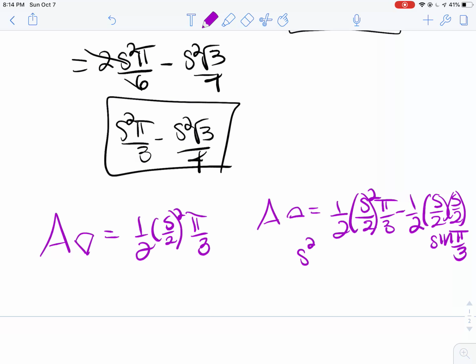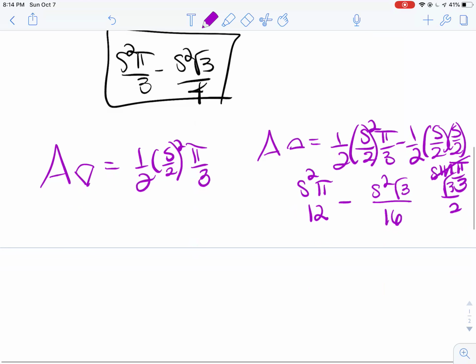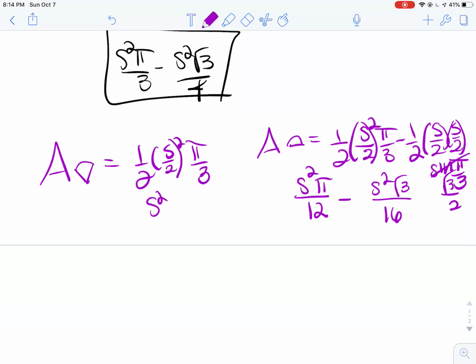So this becomes s squared pi over 12 minus s squared root 3 over 16. And this is s squared pi over 12 as well.